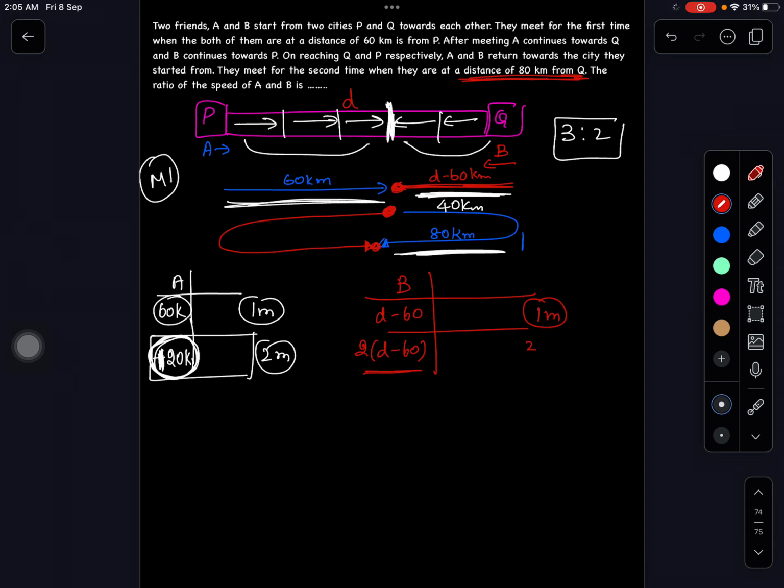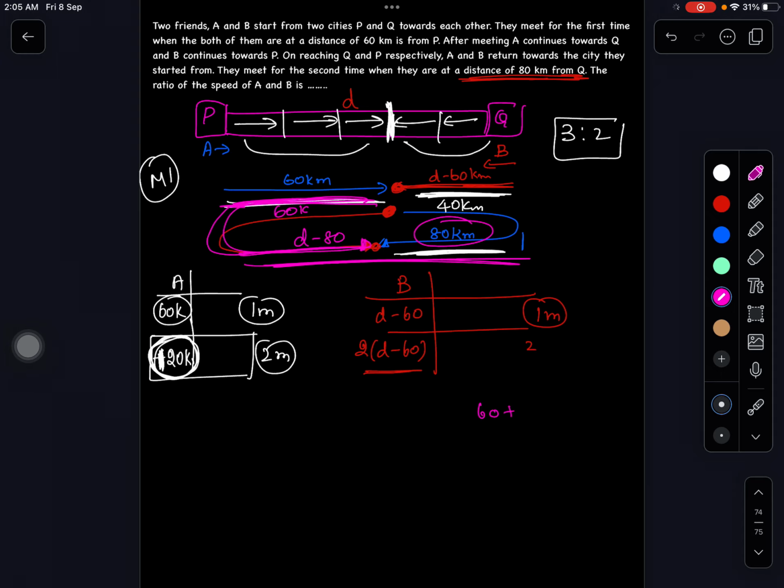Right? Now what we know, let's cut it into two parts. If you look at just B, B has covered here 60 kilometers. And while returning, the total distance is D and 80 kilometers are here. So it must be D minus 80, what B has covered. So 60 plus D minus 80 is what B has covered from the first meet until the second meet.